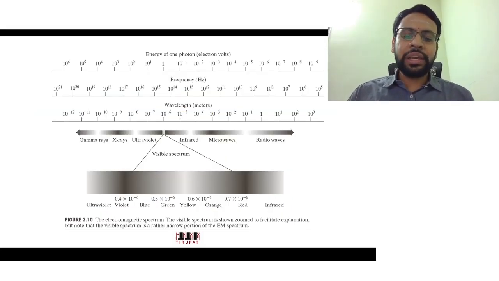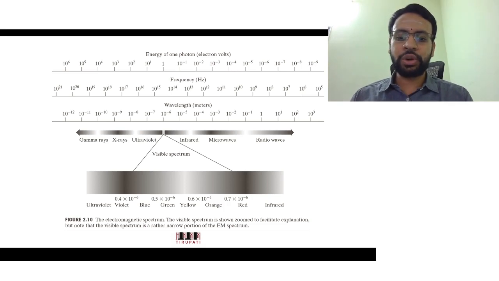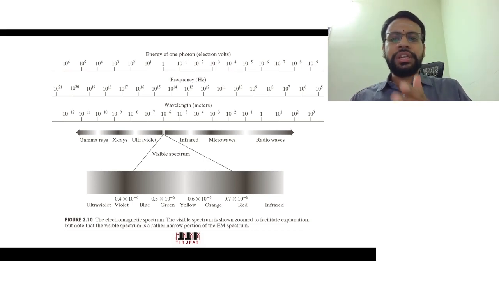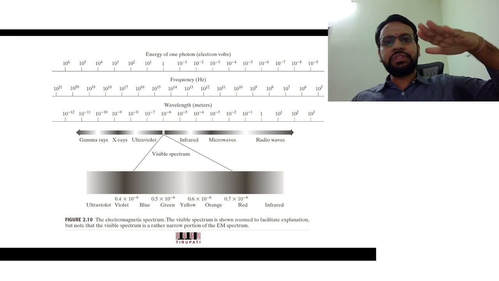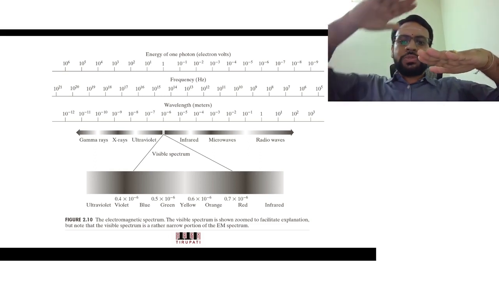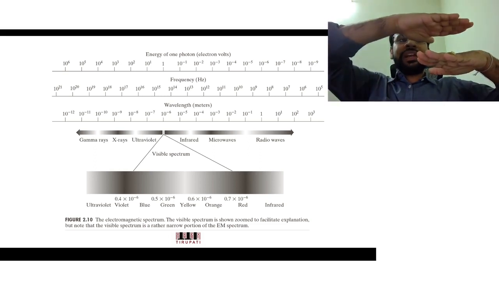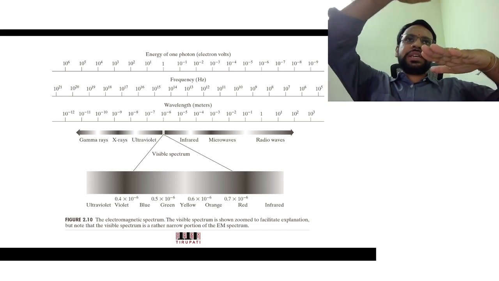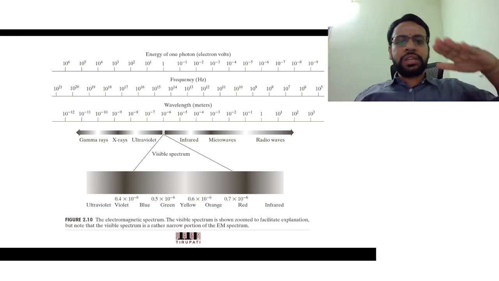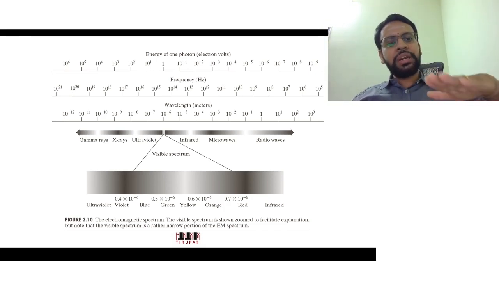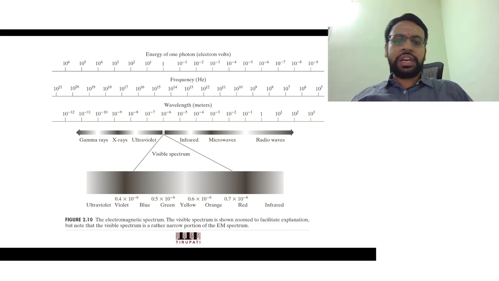Let us now take a look at these modalities from the electromagnetic spectrum point of view. In terms of energies, if we start with the visible spectrum, above it you have the ultraviolet spectrum, UV rays, X-rays and gamma rays, and below it you have infrared, microwave and radio waves.